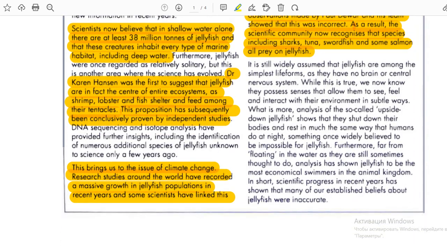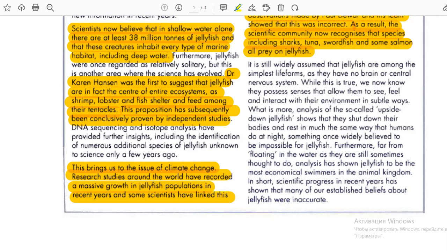So here it is. Dr. Karen Hansen was the first to suggest that jellyfish are in fact the center of entire ecosystems, as shrimp, lobster and fish shelter and feed among their tentacles. This proposition has subsequently been conclusively proven by independent studies.